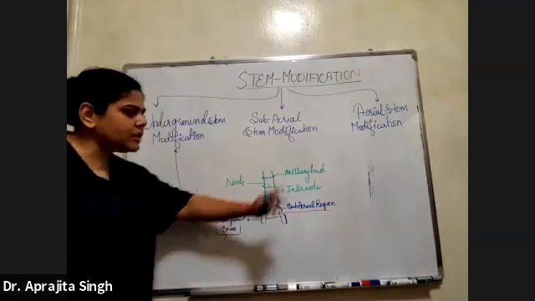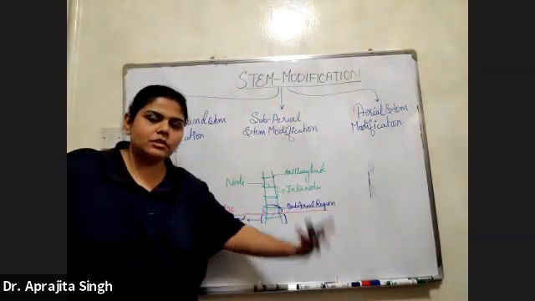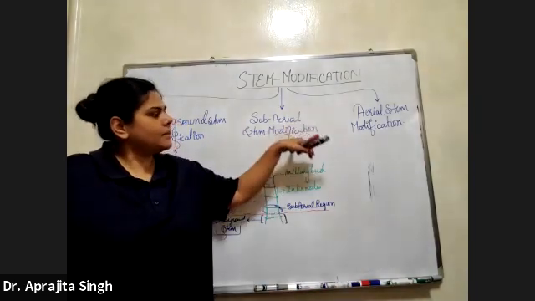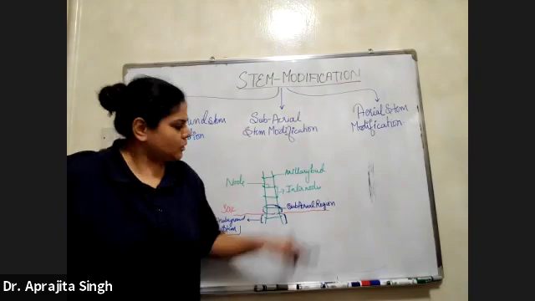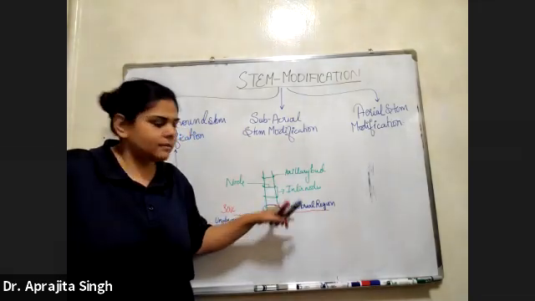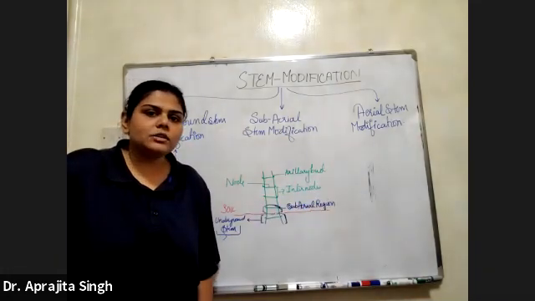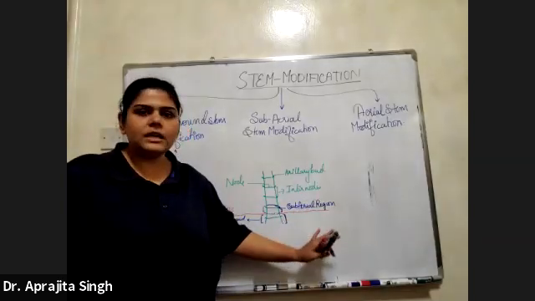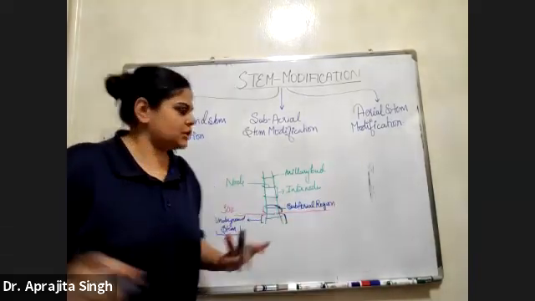If this region undergoes some changes or modification, then we will study the subaerial stem modification, because this is the stem: underground stem, subaerial stem. So if this part undergoes some modification, we study the subaerial stem modification.